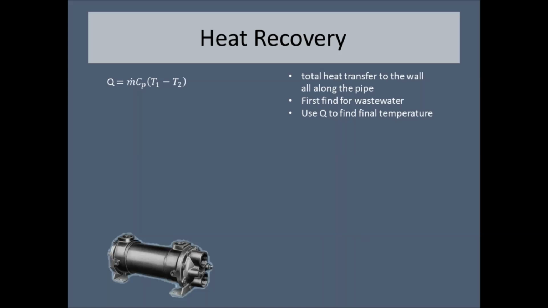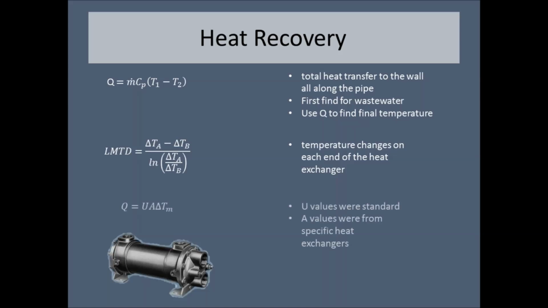And so we needed the 4 temperatures, the initial and final wastewater and the initial and final freshwater temperatures, to find the log mean temperature difference, which basically is a measurement showing the temperature changes on each end of the heat exchanger. And we need this to find the total heat that can be recovered, which is Q again.